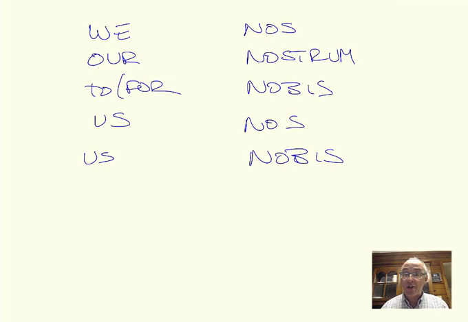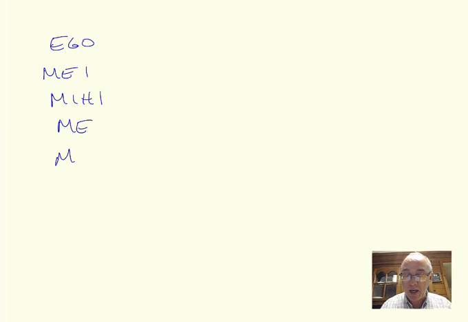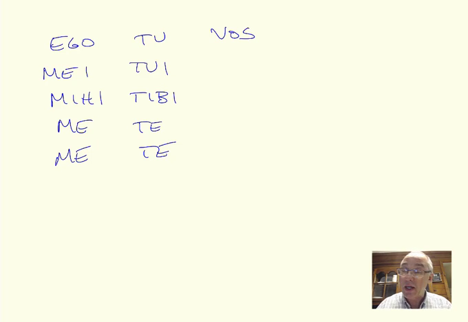Let's put these all together so you can see some similarities. Ego, mei, mihi, me. Tu, tui, tibi, te. We'll start with nos.